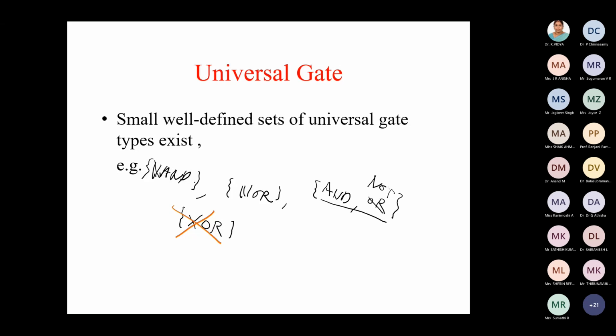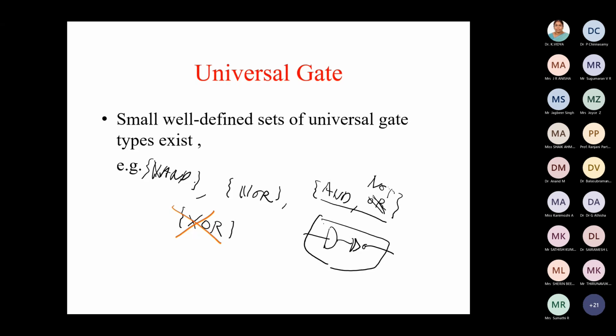Yes, sir. I think we can apply De Morgan's identities using this. Because if you have AND and NOT gates, you can construct NAND, and you have already shown us that it is a universal gate. So AND, OR and NOT is also a universal gate set.